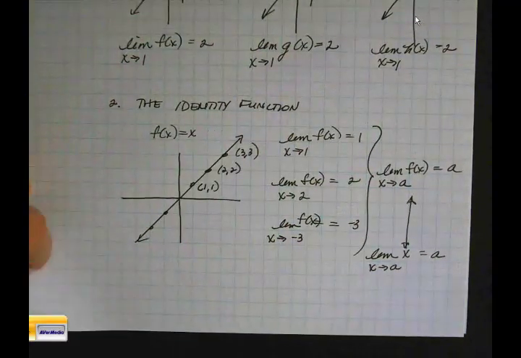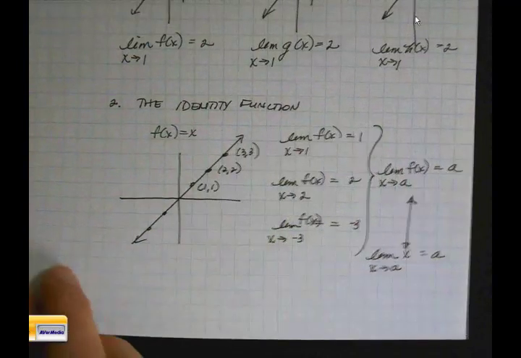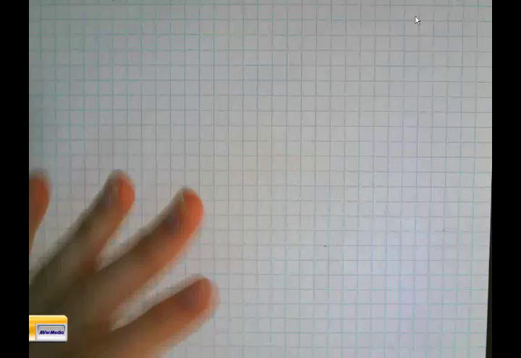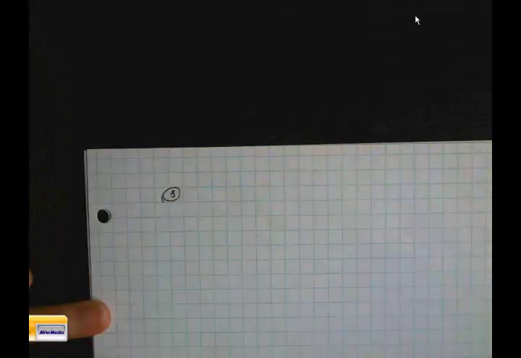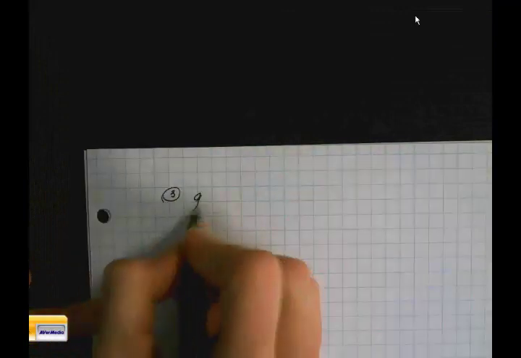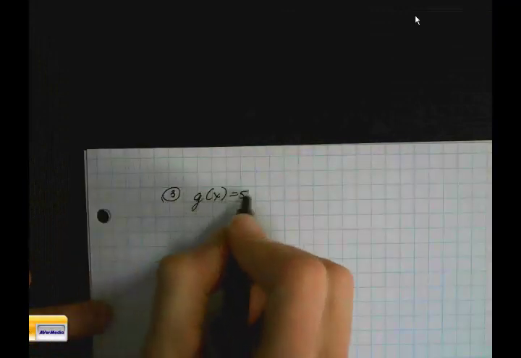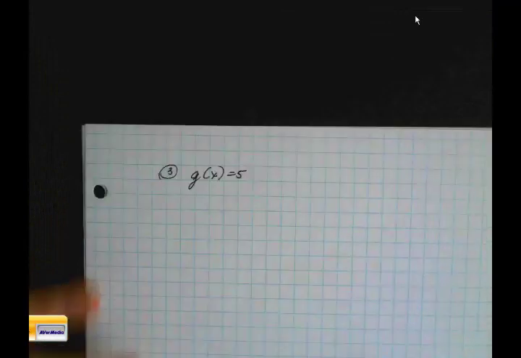Okay, so let's try another one. We're going to look at an example of a constant function. We'll call this g of x. Suppose it equals 5.